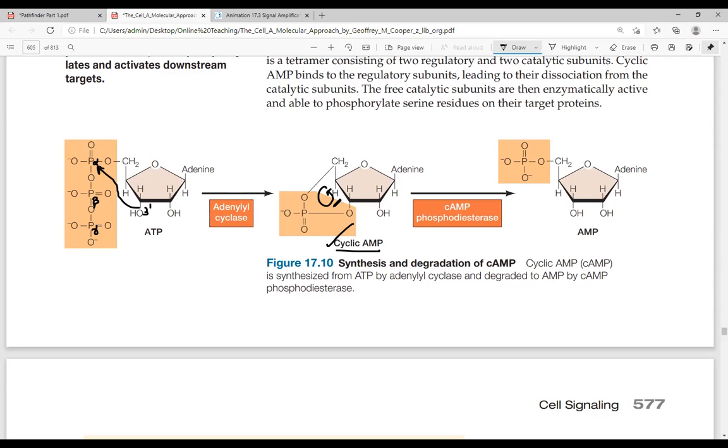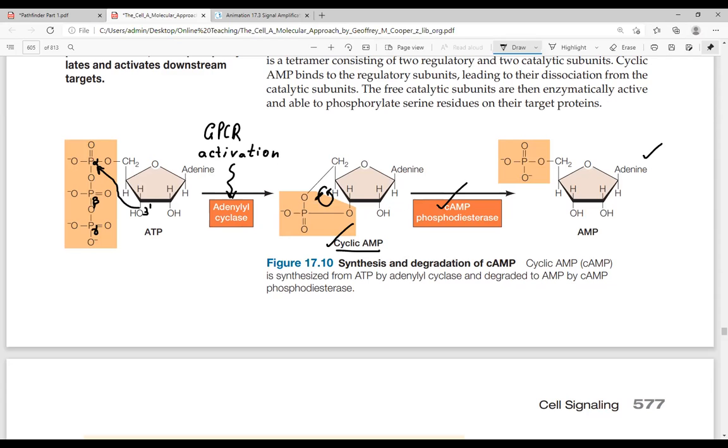Once cyclic AMP is produced, it can be neutralized by another protein called cyclic AMP phosphodiesterase. This protein can influence the inactivation of cyclic AMP and lead to the formation of the AMP molecule. This is how this process occurs. That means when the signal is present, activation of adenylate cyclase takes place through GPCR activation. Once GPCR activation occurs, adenylate cyclase gets activated.